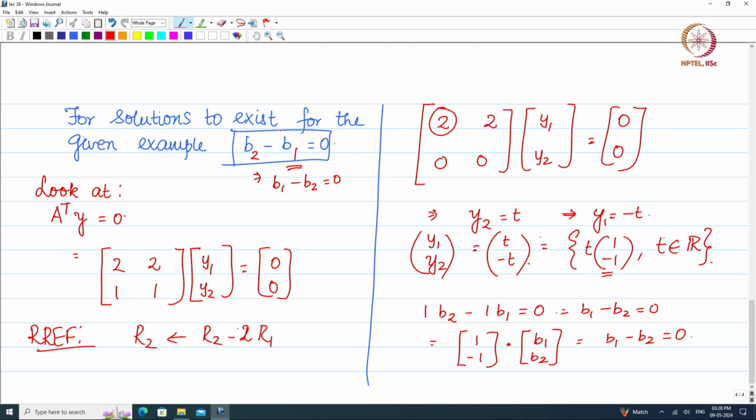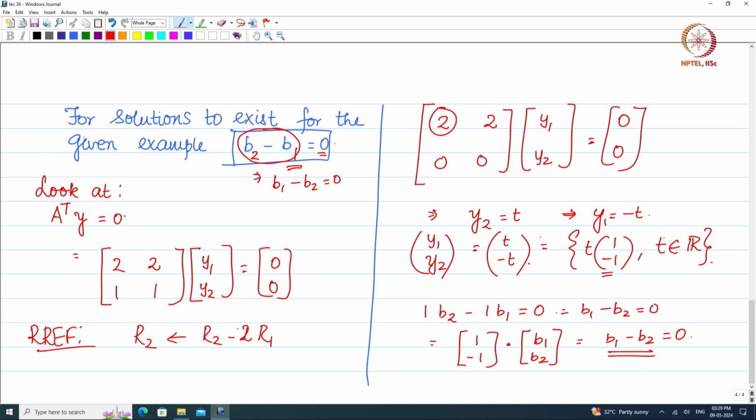The condition that B has to satisfy, B2 minus B1 is equal to 0, is essentially saying that the dot product of B with the solution to the homogeneous system A transpose Y is equal to 0 must be 0. That means the vector B and the null space of A transpose are orthogonal.